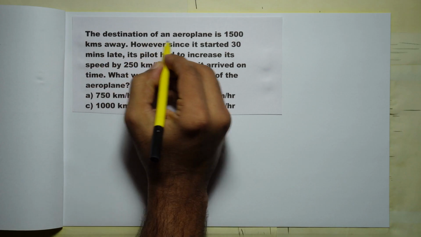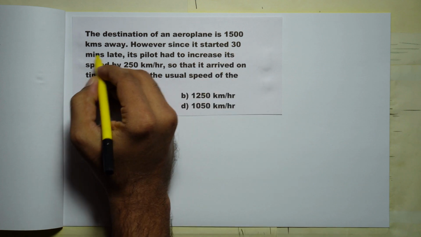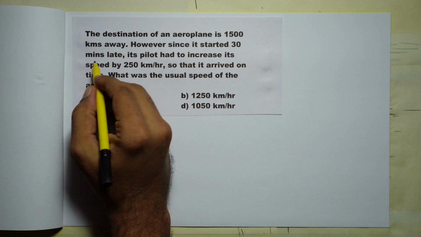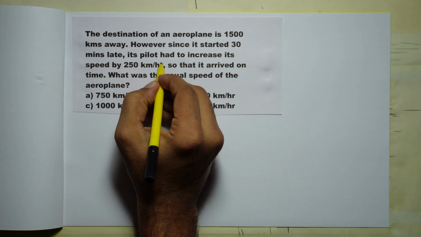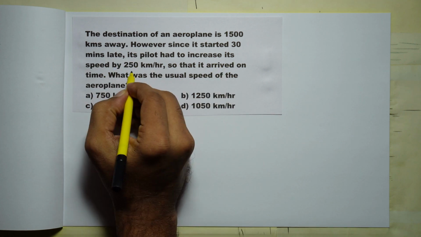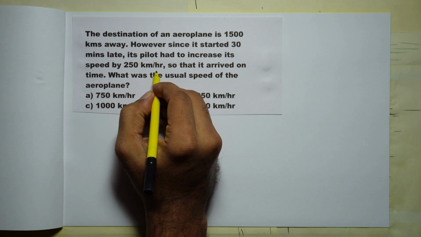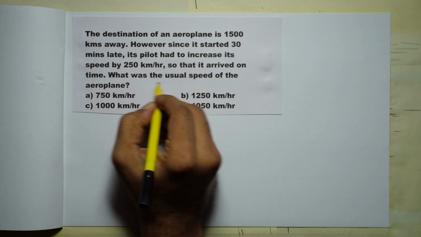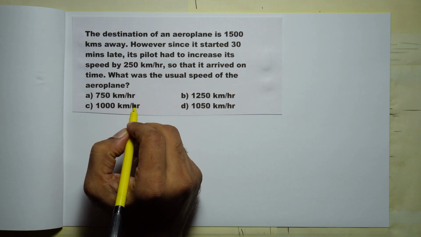The destination of an aeroplane is 1500 kilometers away. However, since it started 30 minutes late, its pilot had to increase its speed by 250 kilometers per hour so that it arrived on time. What was the usual speed of the aeroplane?